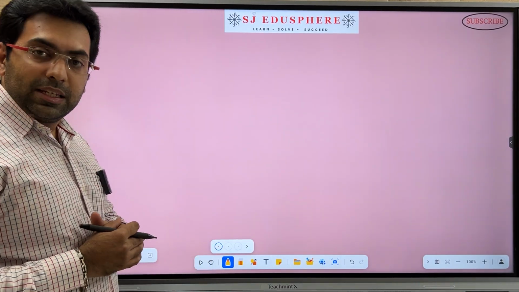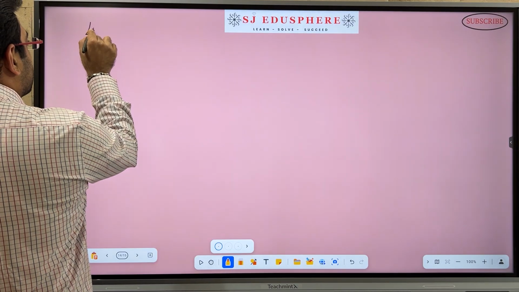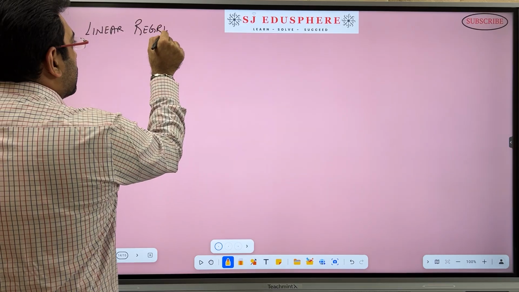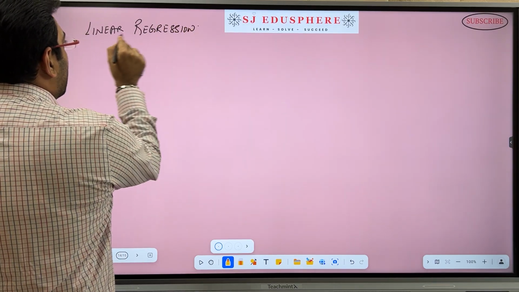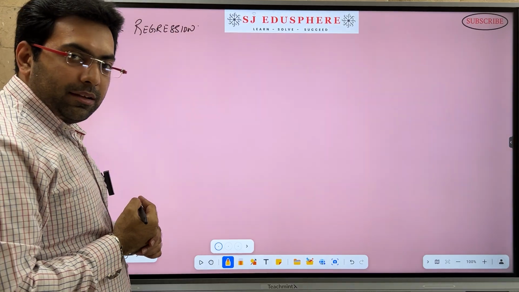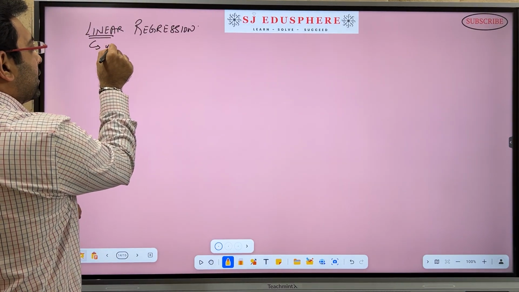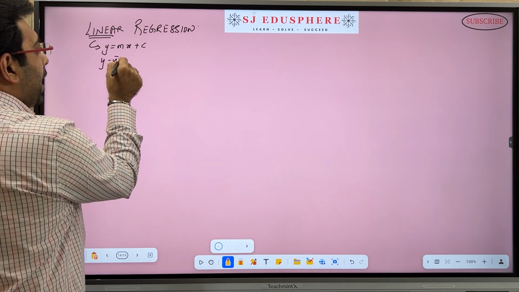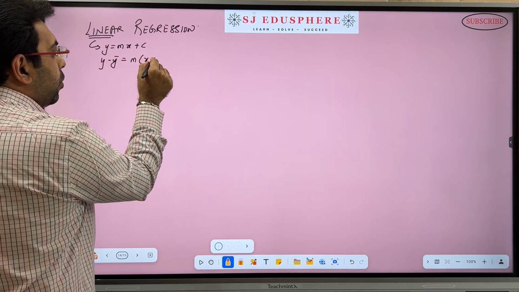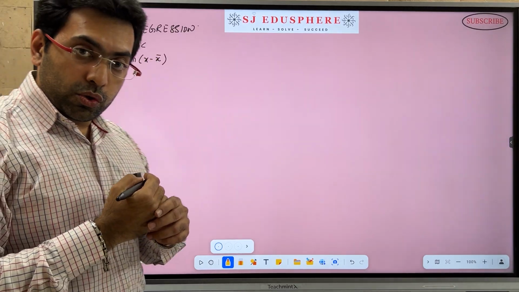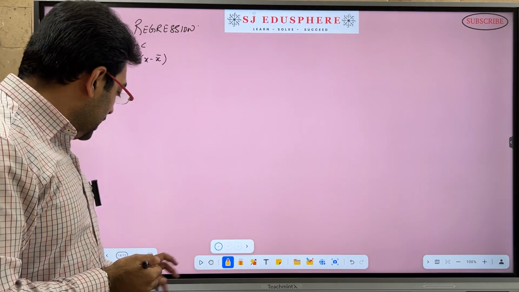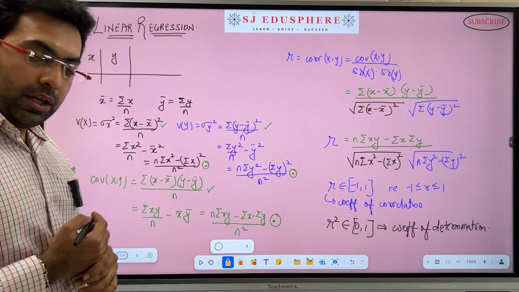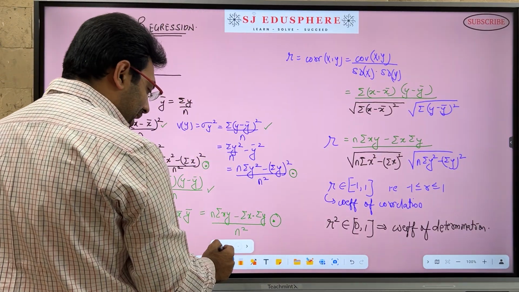Before that, what is linear regression? Now linear regression in itself is a line. My general equation of a line is y is mx plus c, or y minus y bar is slope into x minus x bar. So in correlation, you compare that with the change in the value of x, is there a change in the value of y? For which we have a positive and negative answer.